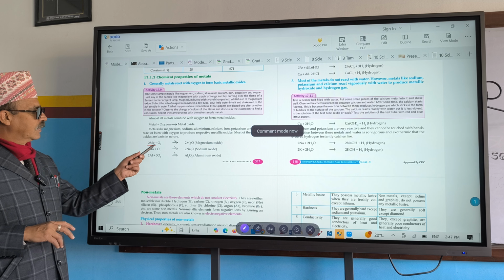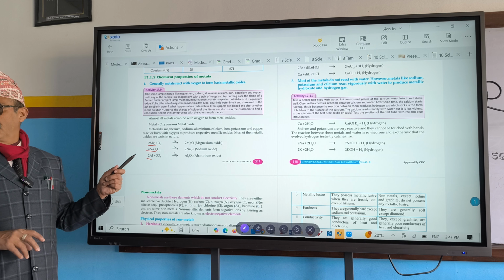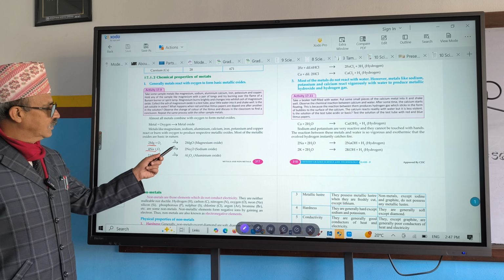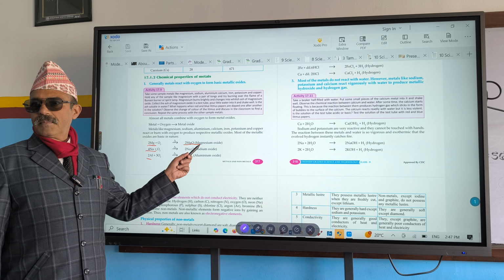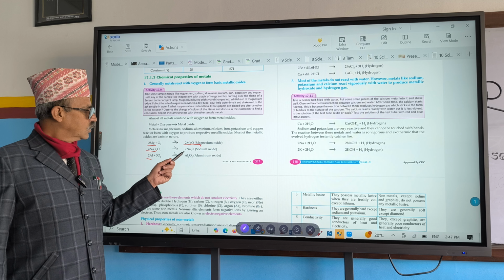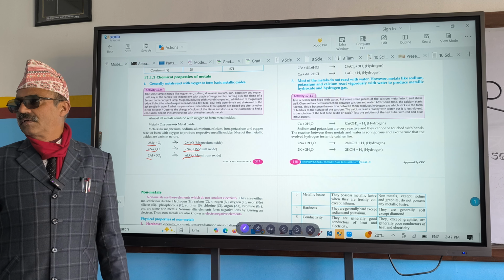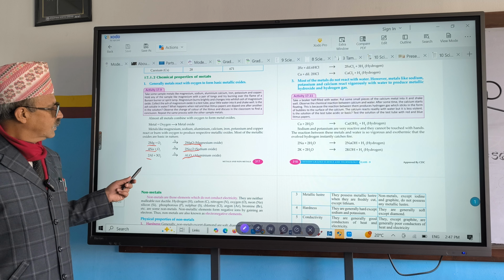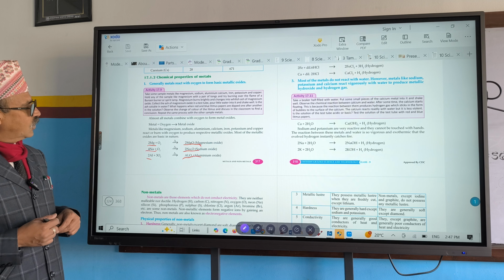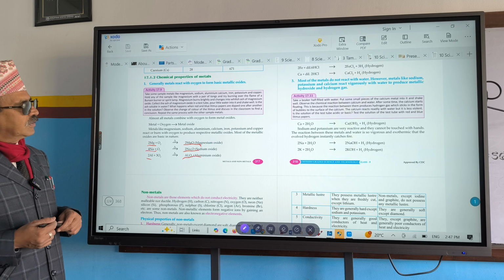Magnesium, sodium and aluminium react with oxygen, and what do they form? Magnesium oxide, sodium oxide and aluminum oxide respectively. Special case. This is the third chemical property of metals.